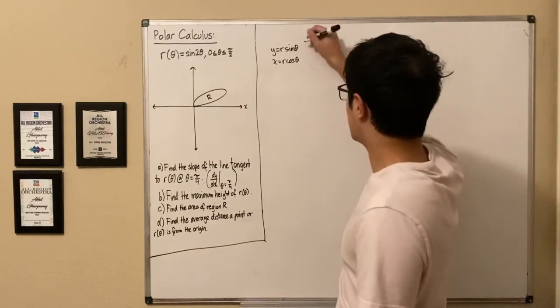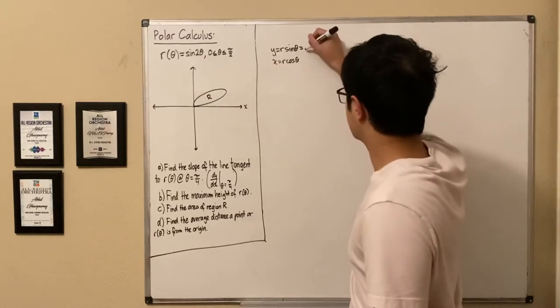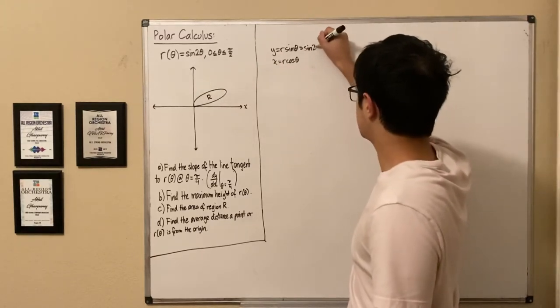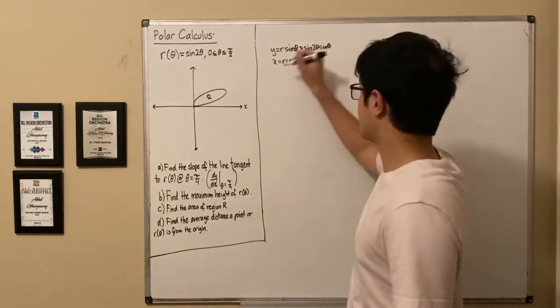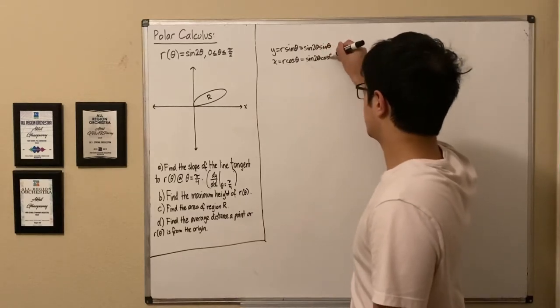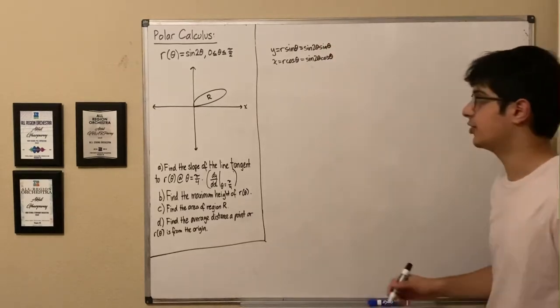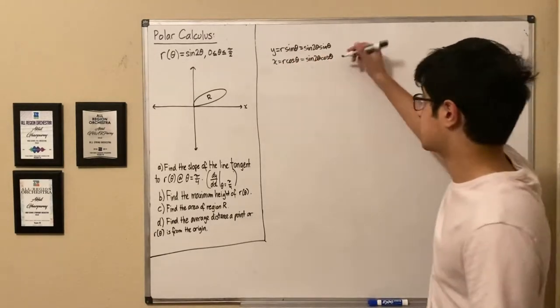So y is equal to r sine theta. Plugging in the function we have for r gives us sine 2 theta sine theta. And plugging in for x gives sine 2 theta cosine theta. Now let's differentiate both of these functions with respect to theta.